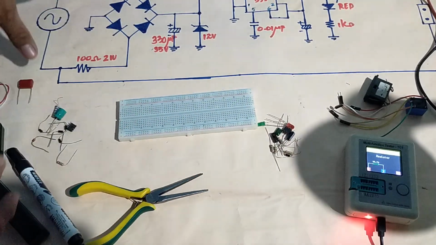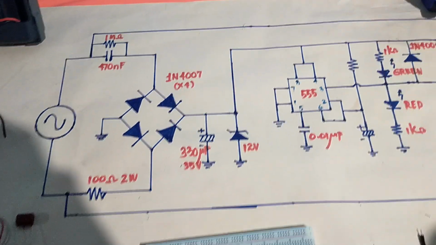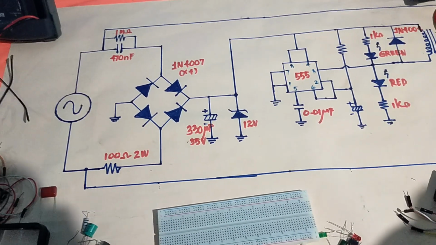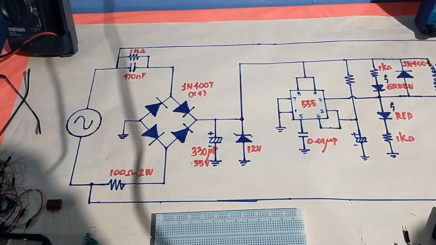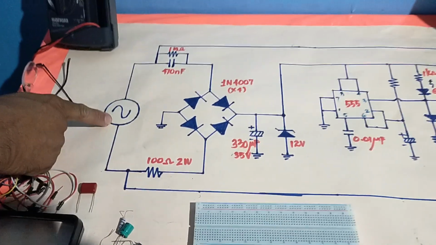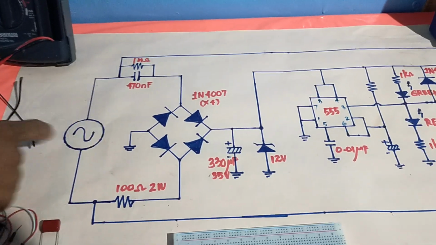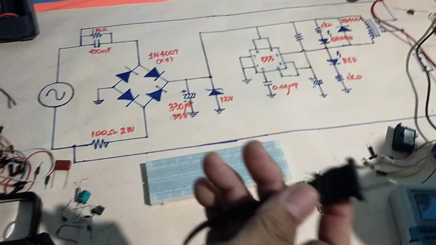Okay, let us start from this power supply. Of course, we have the AC cord. Okay, we have here the AC cord. Based from this schematic symbol, the AC source from the outlet. So we are using this AC cord.